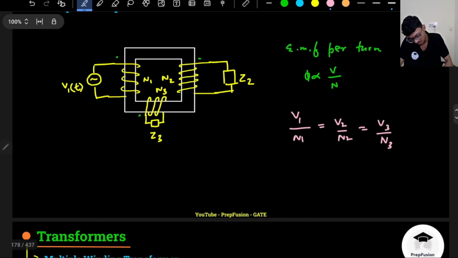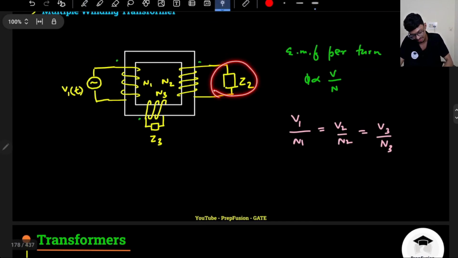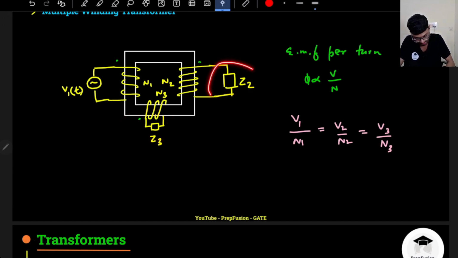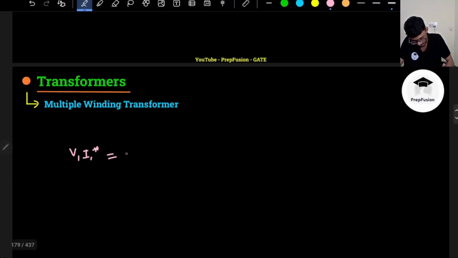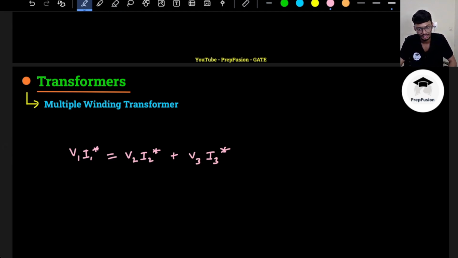This should be equal to the apparent power absorbed by this impedance and this impedance. What is the apparent power here? That is equal to V2 into I2 star, and the apparent power in the tertiary winding will be equal to V3 into I3 star. From here as well we can derive the MMF balance equation.